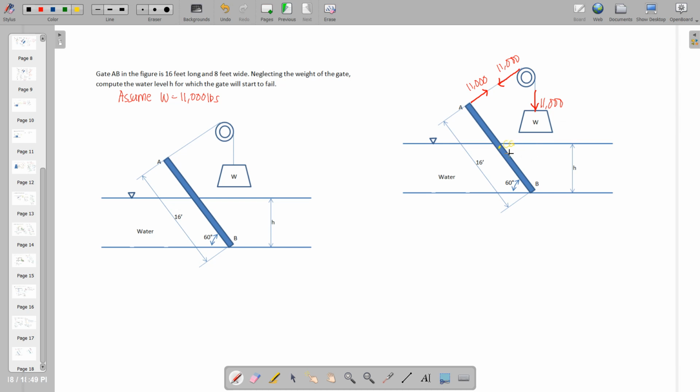So if this is the center of gravity and this is the center of pressure, we should have a hydrostatic force P concentrated on that location.